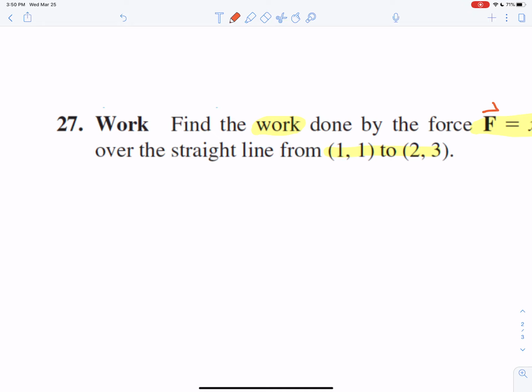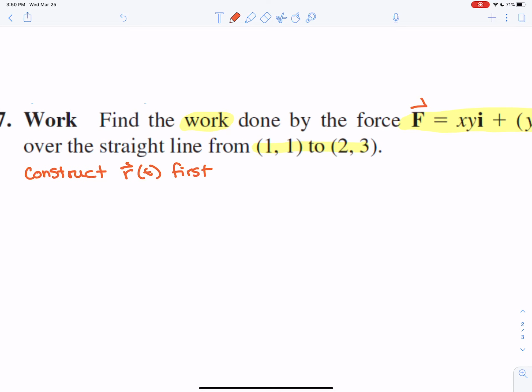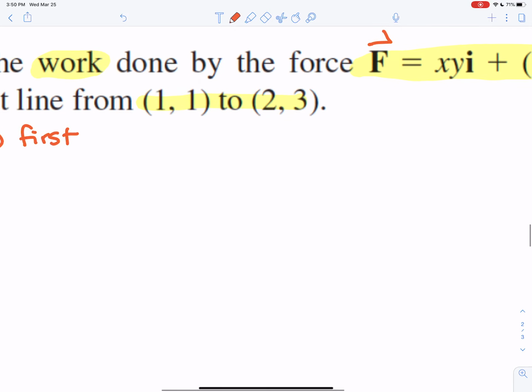So I'm going to construct r first, given that. And so I know that I can write the parametric line equation from the point 1, 1 to the point 2, 3, and that'll be our curve of integration, which in this case is just a straight line. So let's do that real quick. To get my v, the direction vector from those two, I'll just subtract 1, 1 from 2, 3, which gives me the vector, so 2 minus 1 is 1, 3 minus 1 is 2.